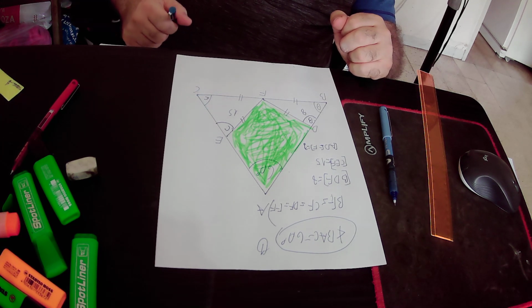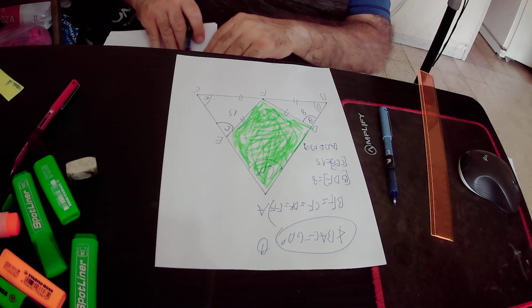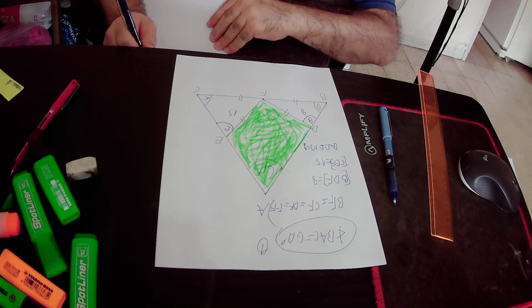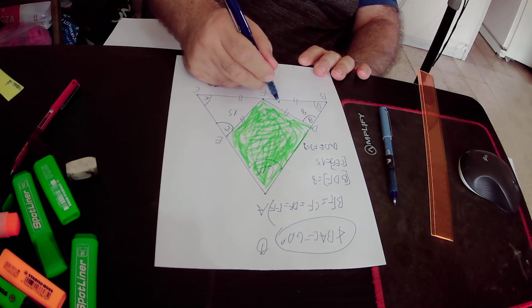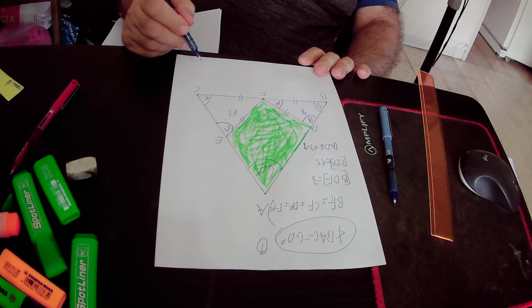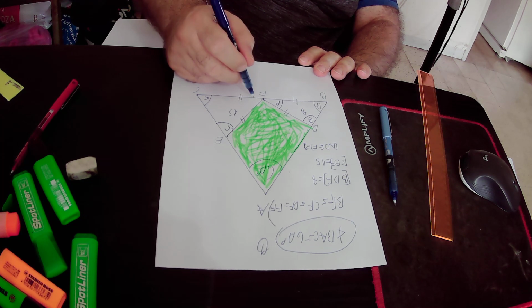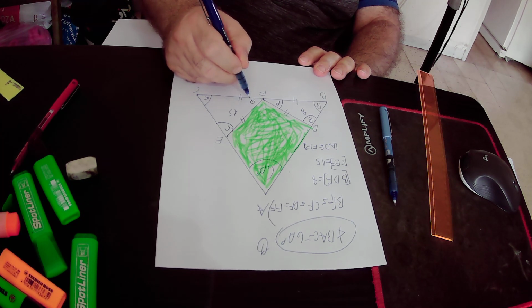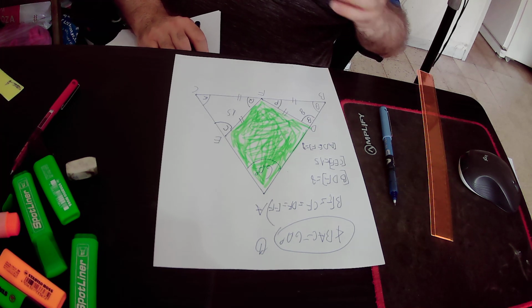So in the next step we will define angle DFB as P, and we will define angle EFC as Q, and again we will use rule number 1.